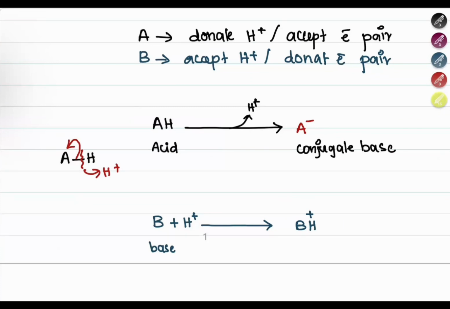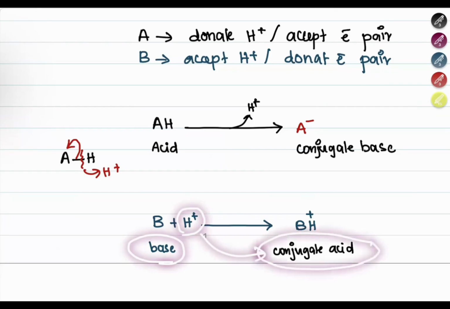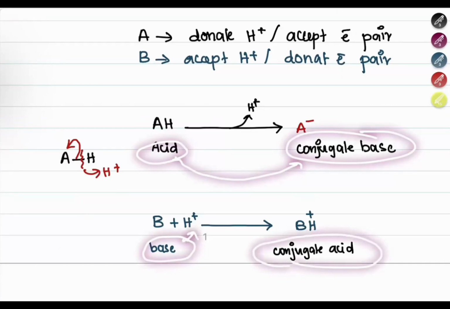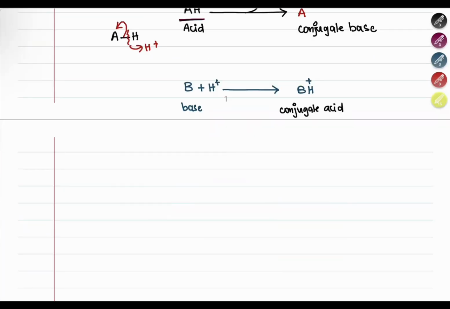A positively charged species means it will be an acid, and this acid we call the conjugate acid. So from a base, after accepting an H plus, we got an acid which is called the conjugate acid. Okay, now we learned two new terms. From an acid, after losing H plus, we get the conjugate base, and from a base, after accepting H plus, we get the conjugate acid.